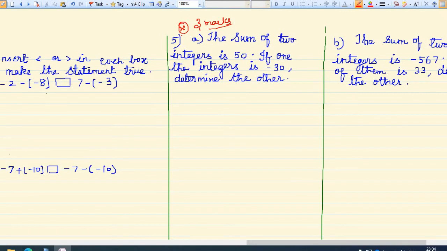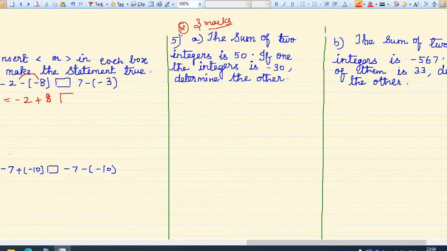See here, minus 2 minus of minus 8, box, 7 minus minus of minus 3. So listen children, minus 2 minus into minus plus 8.